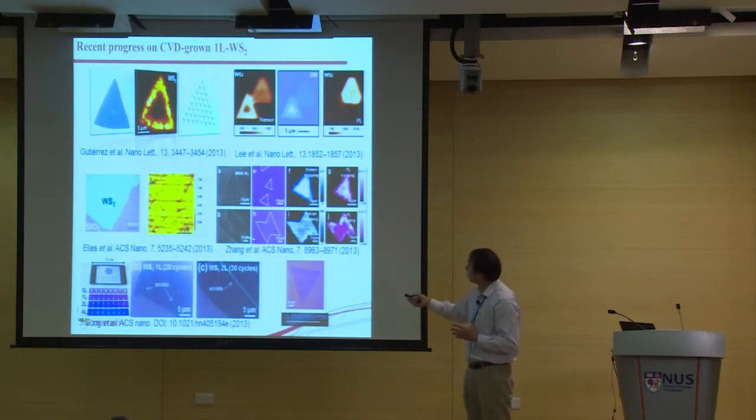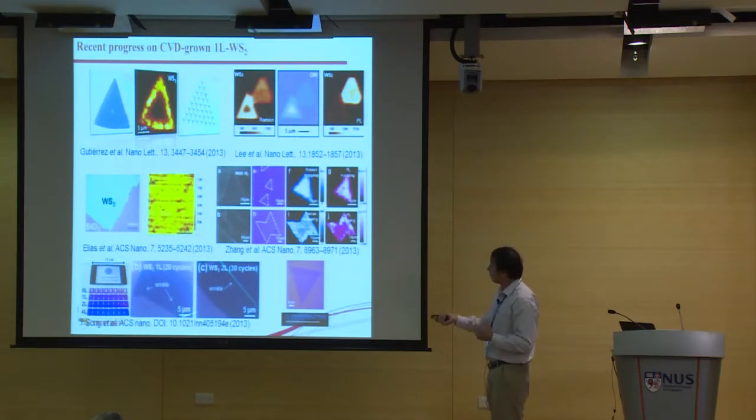This time, the single domain is quite large. It can reach, say, 30, 40 micron. I guess this just appeared online in ACS Nano. So they report the fabrication of, again, a continuous multiple domain tungsten disulfide.